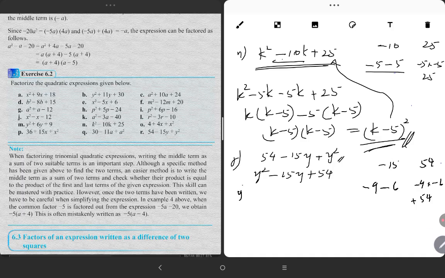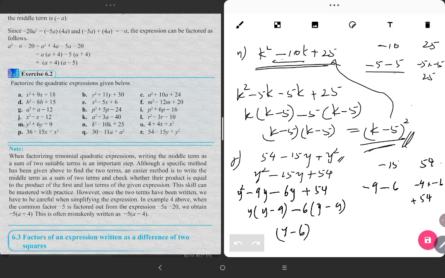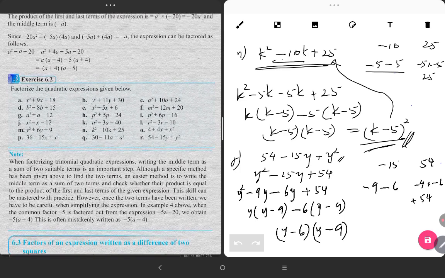So that's what we need to write with. So minus 9y minus 6y plus 54. So we take y out, y minus 9, and then taking 6 out here, it becomes y minus 9 here. So now this answer is y minus 6 times y minus 9. Okay, so that's how we do it.